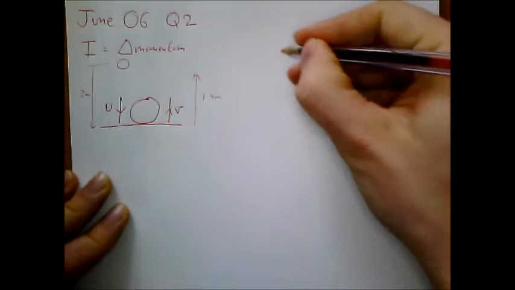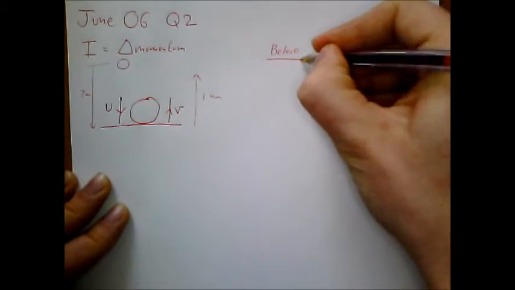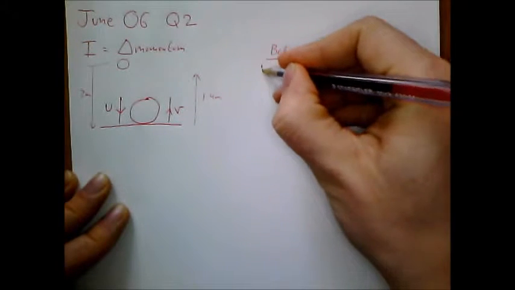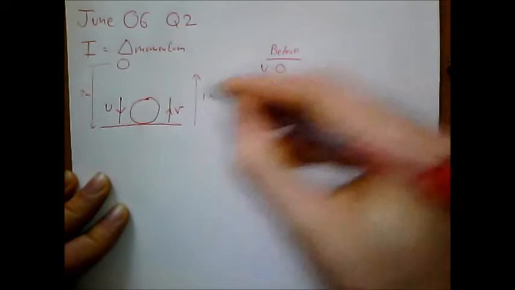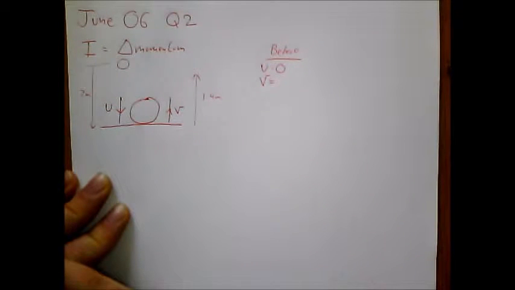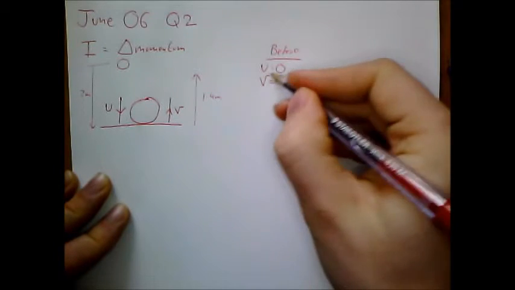So we'll look at the before situation. It's dropped, so its initial velocity is 0. We want to find the speed it hits the ground. I could probably do with some different notation here, just so I don't get confused.